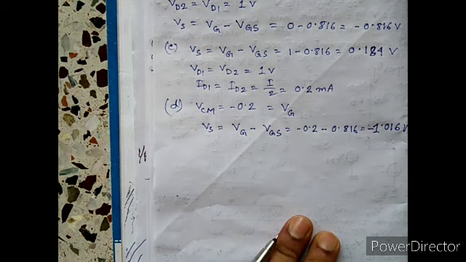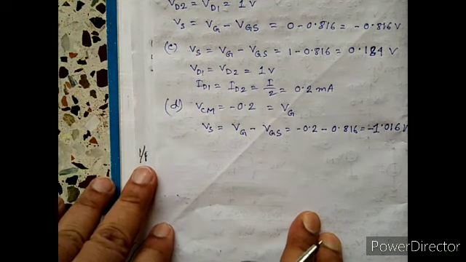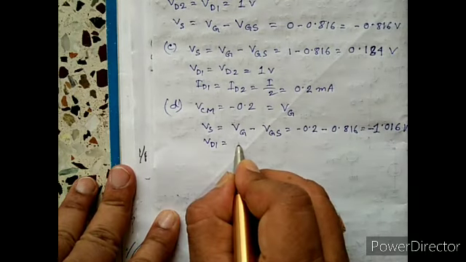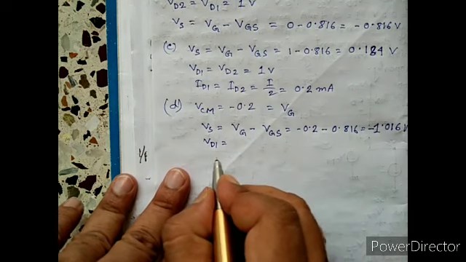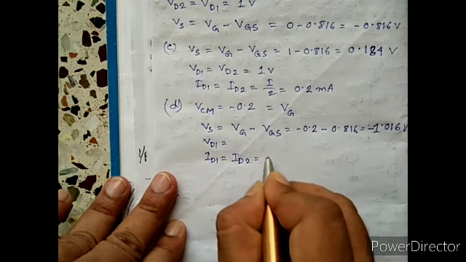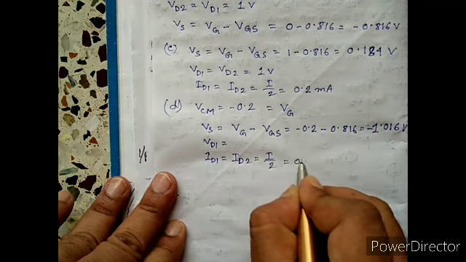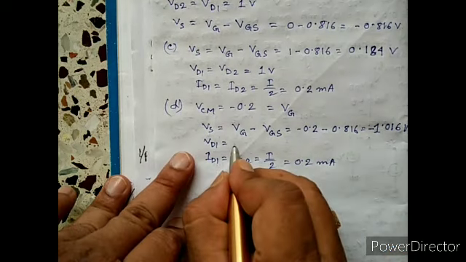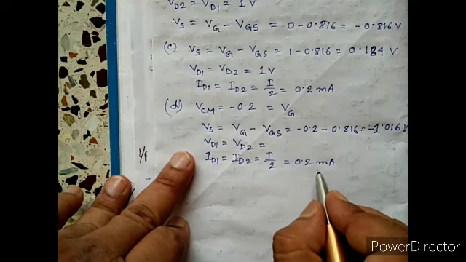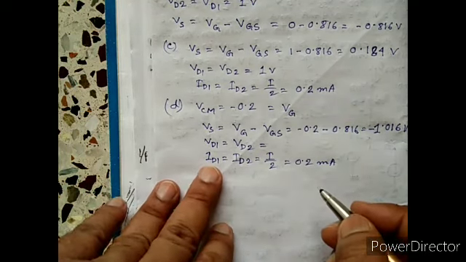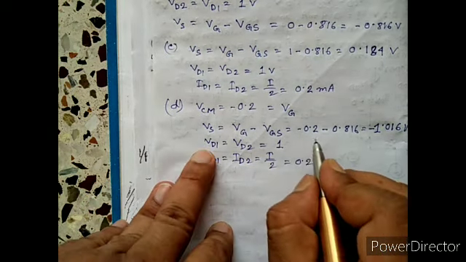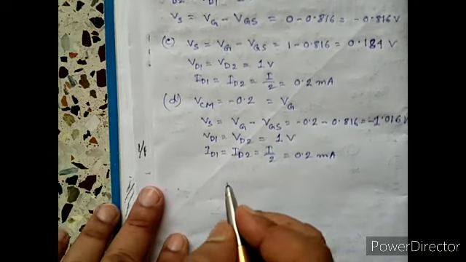That's the potential Vs. If we find VD1, it will be the same as the current passing through, ID1 and ID2 equals I by 2, that is 0.2 milliampere. So VD1 equals VD2, the same potential, as the current through the transistor is the same. So across the resistor the potential drop will be the same, so the potential at VD1 and VD2 will be 1 volt.